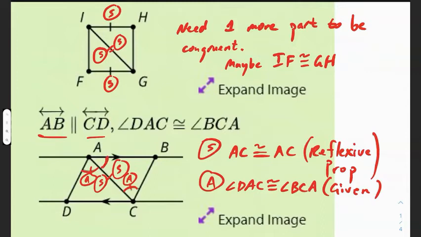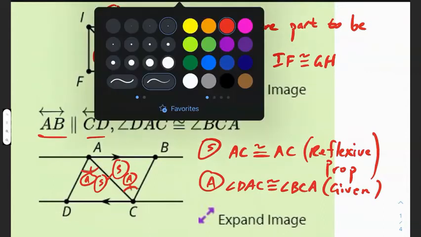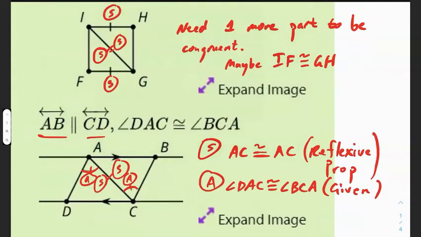Let me do this in a different color so you can differentiate. Is this angle right here parallel to this angle? I'm sorry, not parallel, congruent to that angle right there. And that's alternate interior angles. Let me move some things around so you can see it.